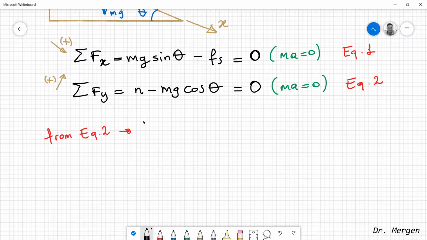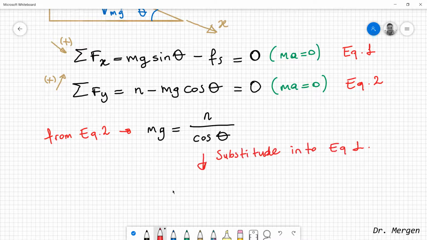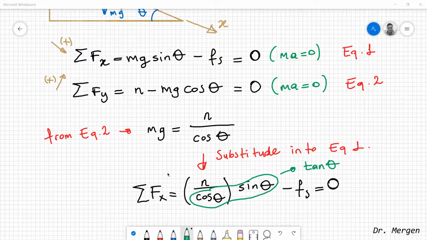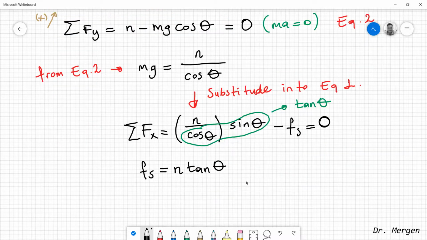If we rearrange equation number 2, we obtain m times g as shown. And then if we substitute this term into equation number 1, we obtain equation 1 as shown. And then making the trigonometric conversion and the arrangements, we obtain the friction force as this.